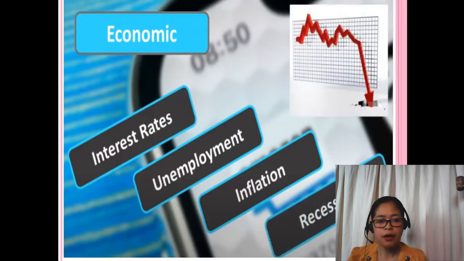Okay, now, let's go to the economic environment. You have to consider the interest rates, the unemployment, the inflation, and the recession, especially today that we are in the midst of the crisis of this pandemic, this COVID-19 crisis. We are now in recession. Okay, we suffer so much.